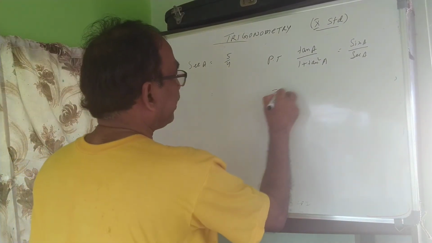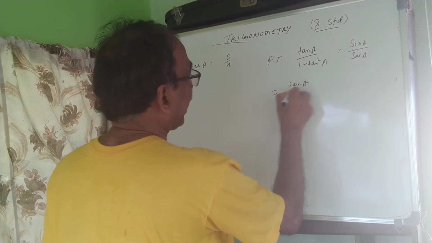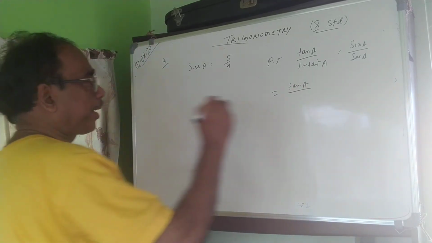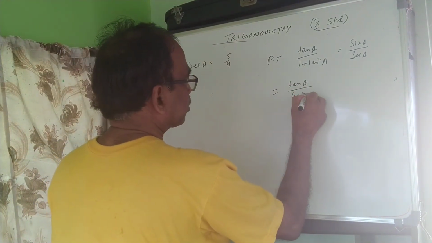We can write tan A over 1 plus tan square A, and 1 plus tan square is sec square.